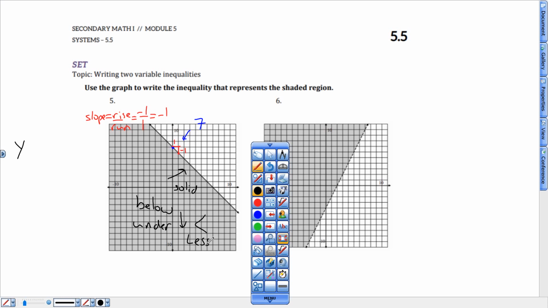So this inequality is y is less than or equal to, because it's shaded below and the line is solid. And then with my slope number, that negative 1 in front of x, plus that 7. That is the inequality that matches that graph, using that slope, negative 1, using that y-intercept 7, using the look of that line solid, shade below to know it's less than.